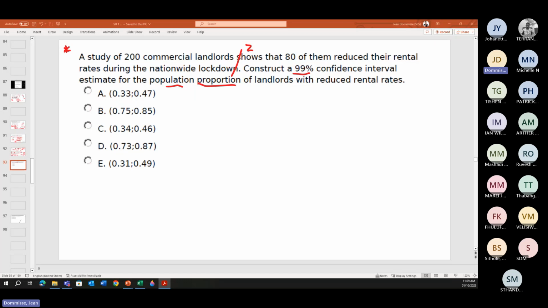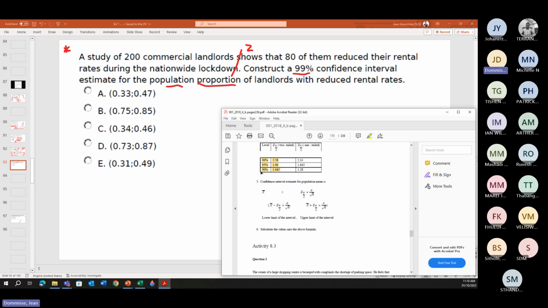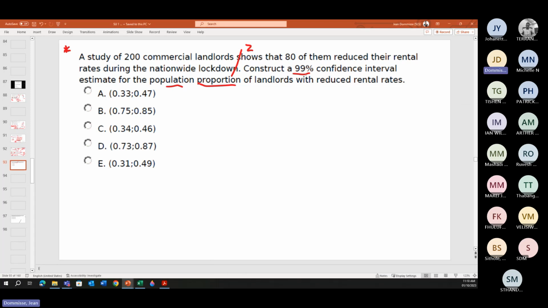I just want to see where it is. So in the study guide, 99%, 2,58. Okay, so we already know that your Z is 2,58.